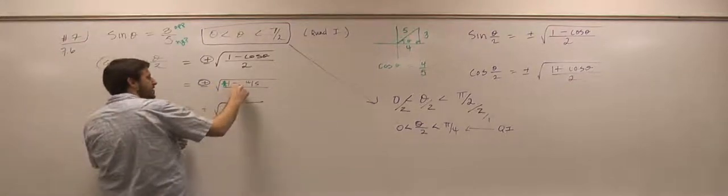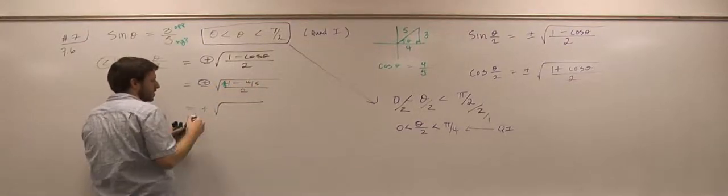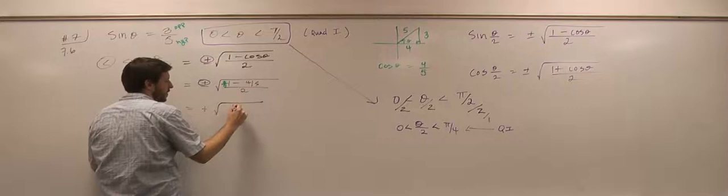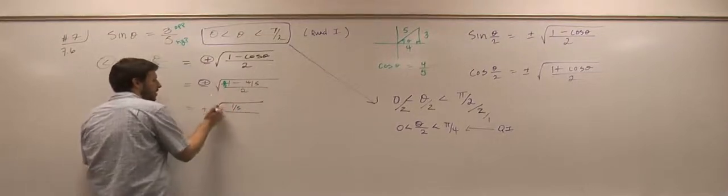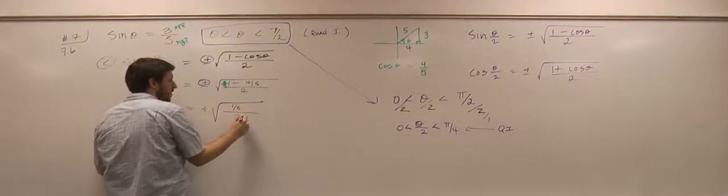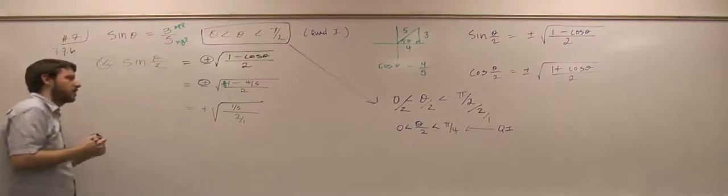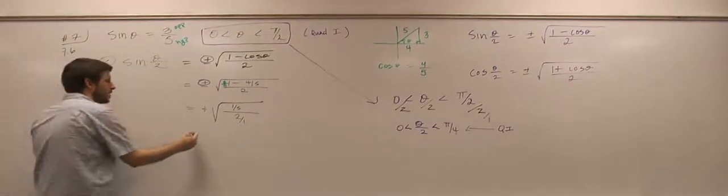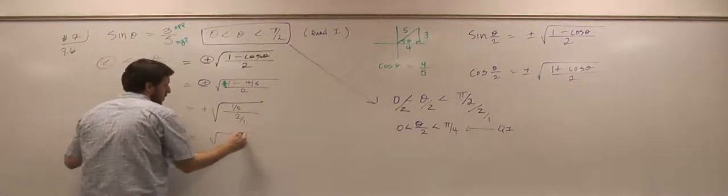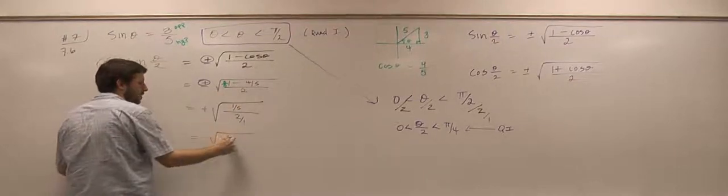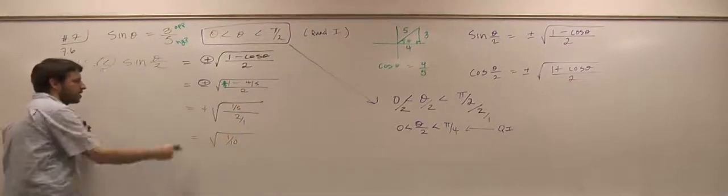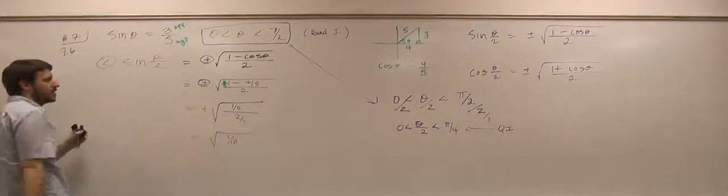So 5/5 minus 4/5 is 1/5, divided by 2. Think of that as 2 over 1. Flip and multiply. As 1 over 2 comes up and it becomes 1 over 10, I'm just going to stop writing the plus.